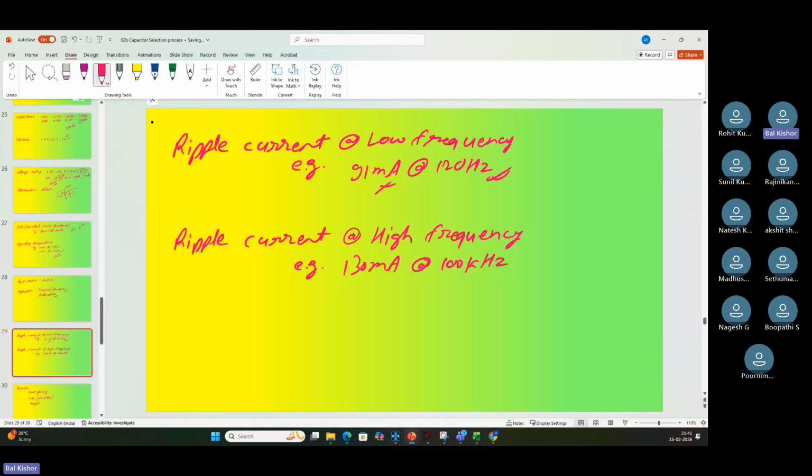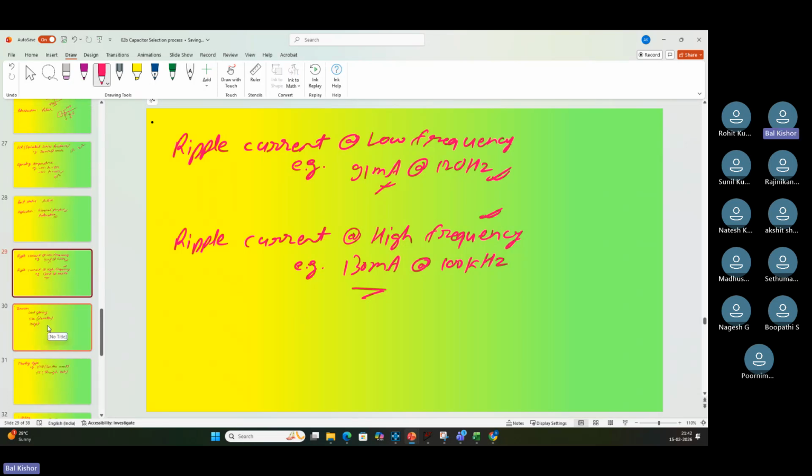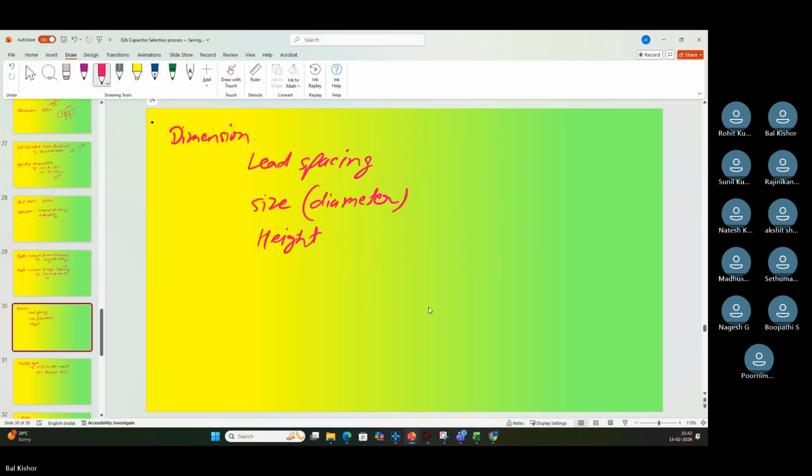It is not true for all the capacitors. And at higher frequency, you can see you have a little higher ripple current. So how much ripple current it can withstand is also a good feature for the capacitor that you are choosing, because with ripple, the value will reduce.